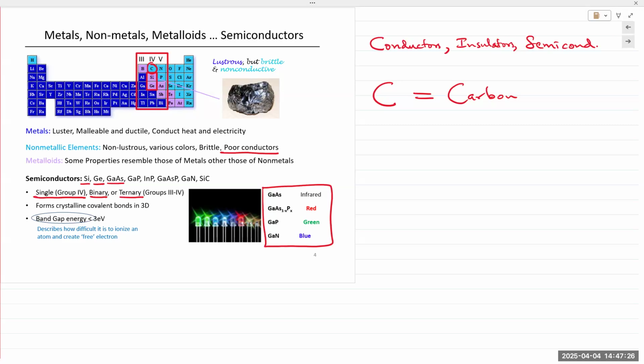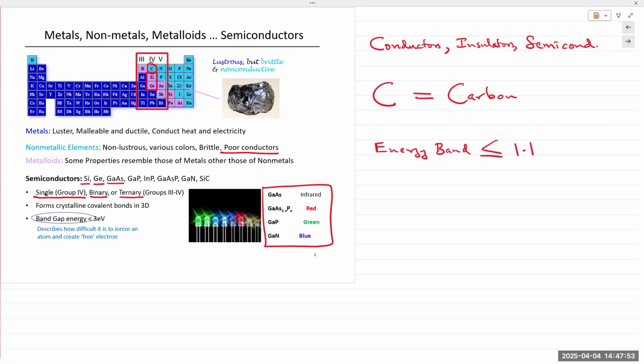So there is a gap in value between the valence and the conduction energy levels. This is known as the energy band gap. For silicon and germanium, that energy band gap is less than or equal to 1.1.